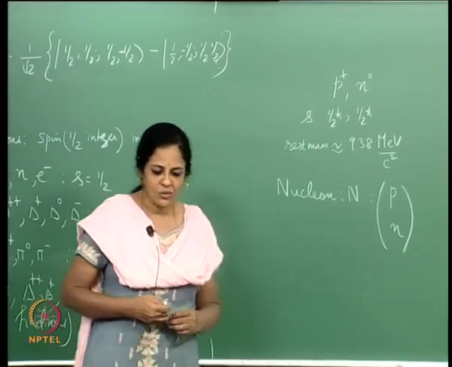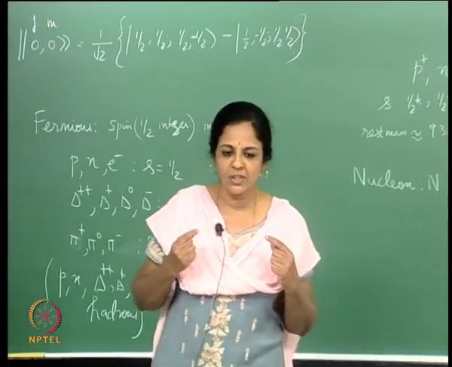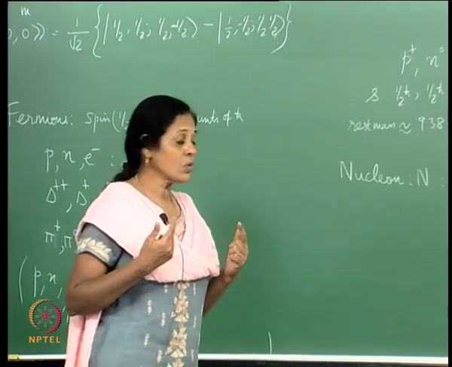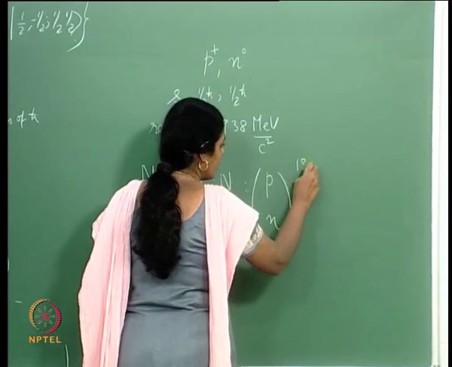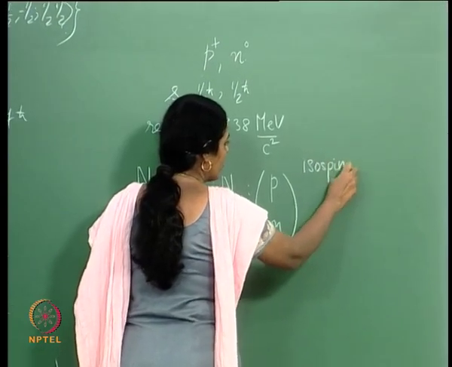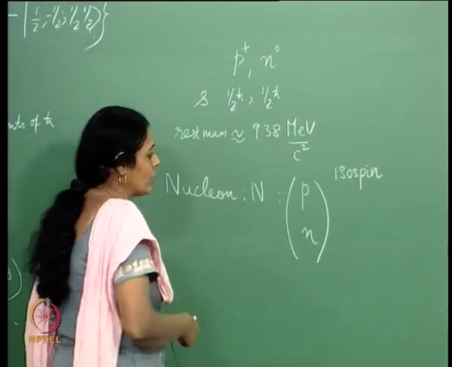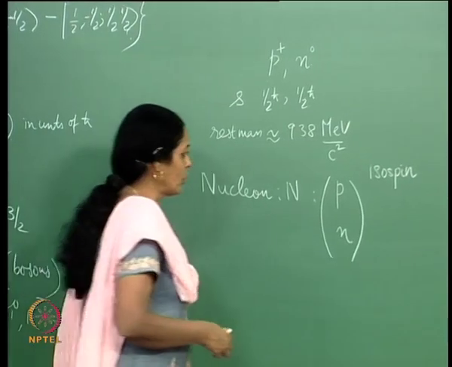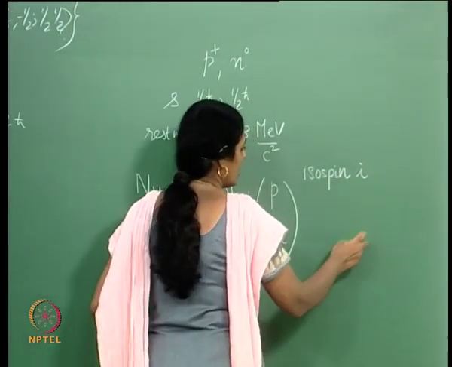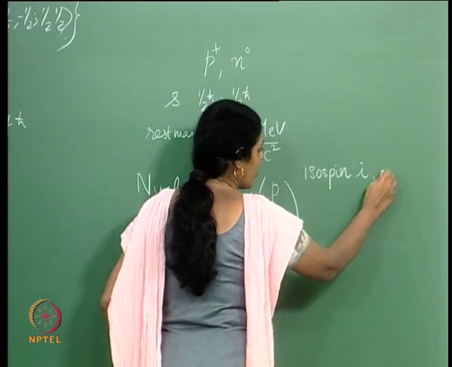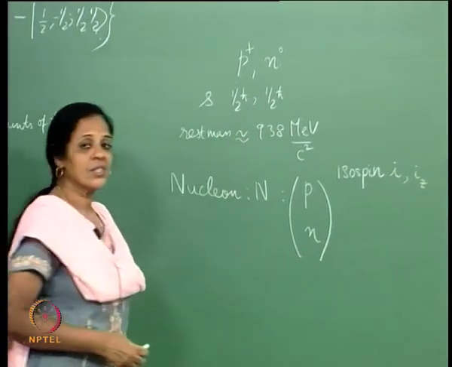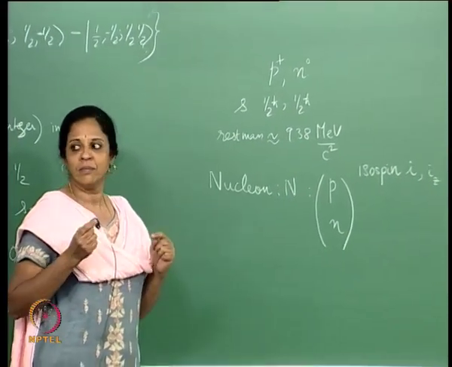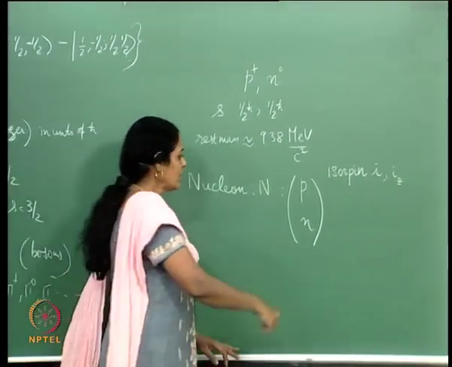And then it turns out that there is a new quantum number which can be associated with these objects, and that is called isospin, to distinguish it from the spin that I have been talking about, or orbital angular momentum. And a third component of isospin, you could call that Iz or I3, and that is the analog of m, s comma m.